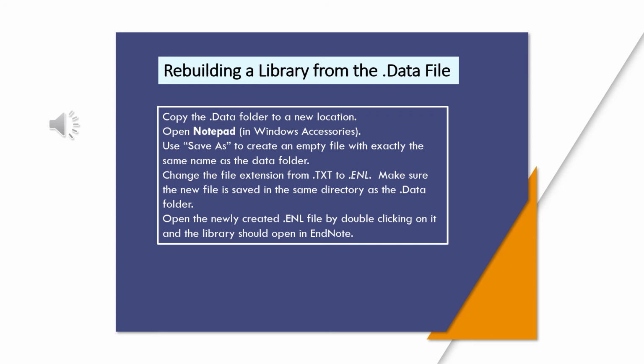Use Save As to create an empty file with exactly the same name as the data folder. Change the file extension from TXT to ENL. Make sure the new file is saved in the same directory as the data folder. Open the newly created ENL file by double-clicking on it, and the library should open in EndNote.